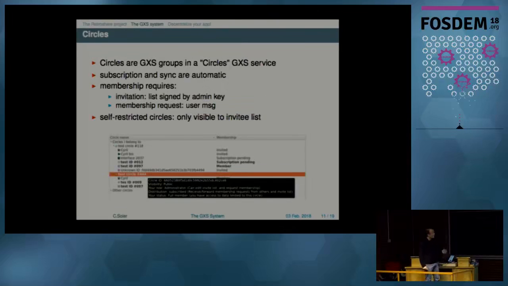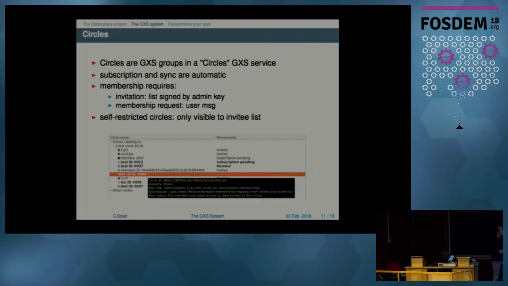Cycles are also distributed by a GXS service. But now their subscription and synchronization is automatic. The system works the following way. To be a member of a cycle, you need 2 things. You need to be in the list of people that are invited to this cycle, which is controlled by the author of the cycle group, who acts as an administrator of this group.